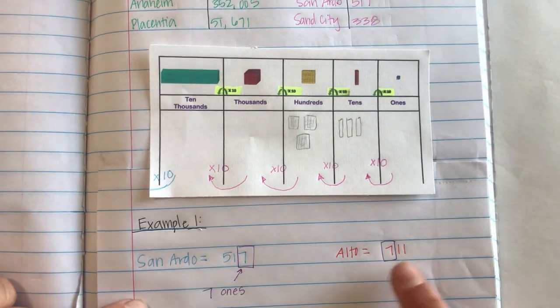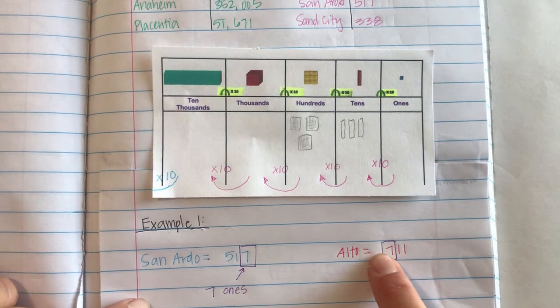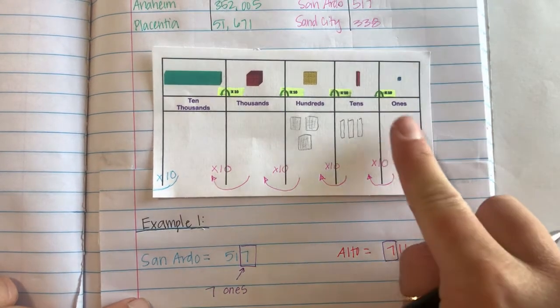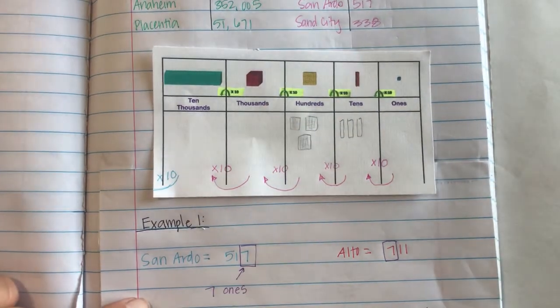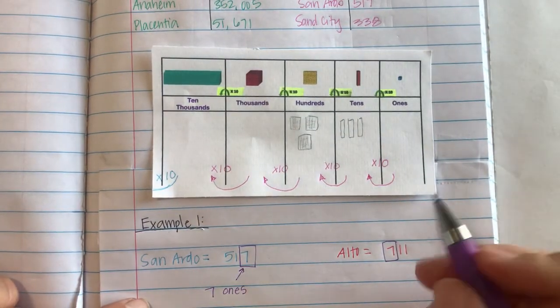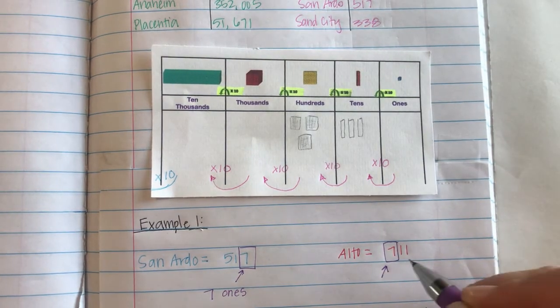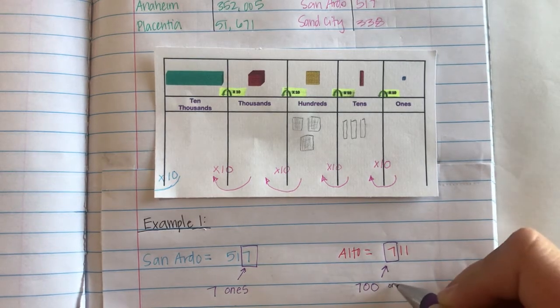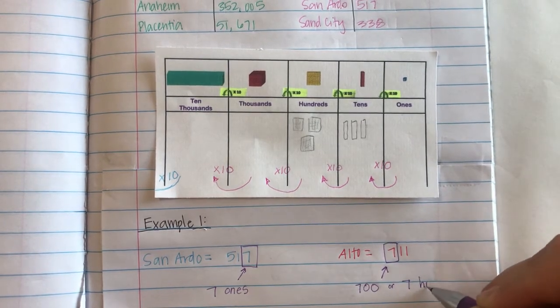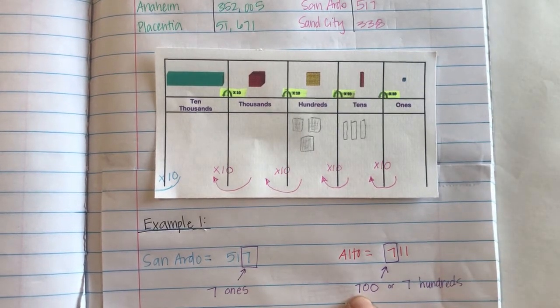In Alto, the 7 falls in the 1, 2, 3 third place value. So if we check our chart, 1, 2, 3, it's going to fall in the hundreds place value. So I can say that this 7 holds a value of 700, or I can say that there are 7 hundreds, which is the same as 700.